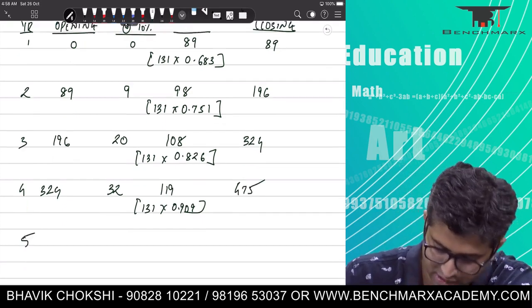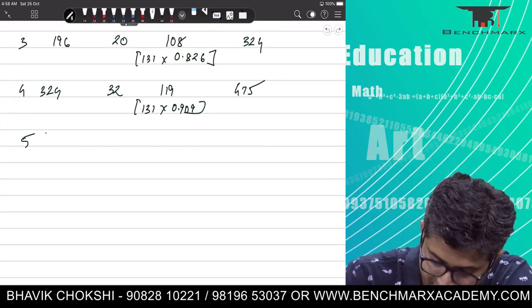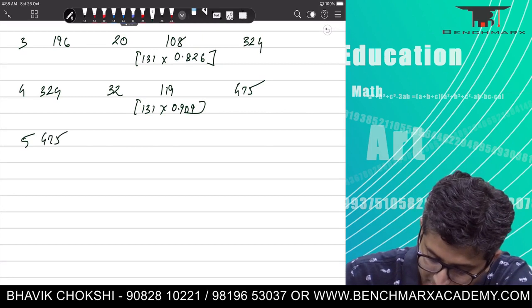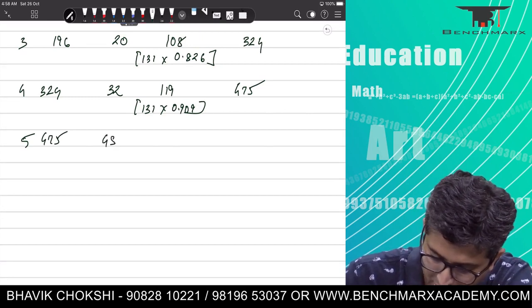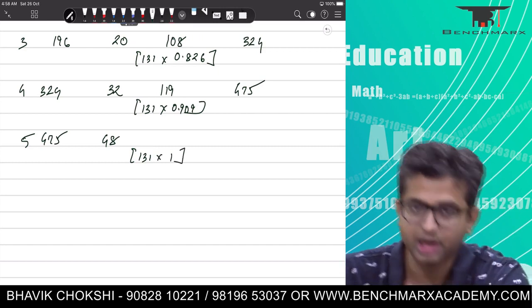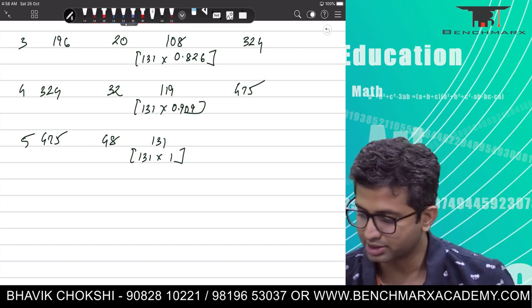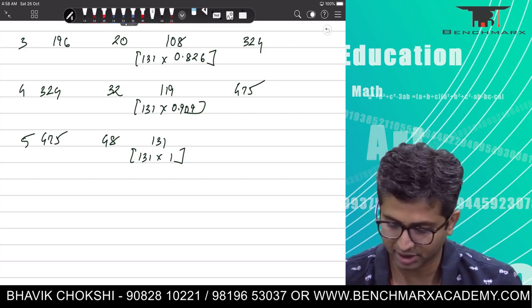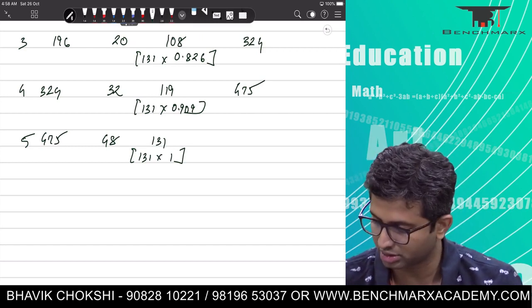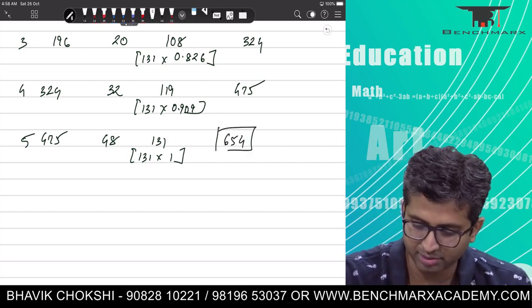And then in the last year, when the employee is expected to leave, this is 475, 10% of that is around 47 or 48 as the case may be, and you have 131 which is now payable immediately, once the employee renders the service and leaves. Hence we have 475 plus 48 plus 131, that is around 654. This is your final liability.